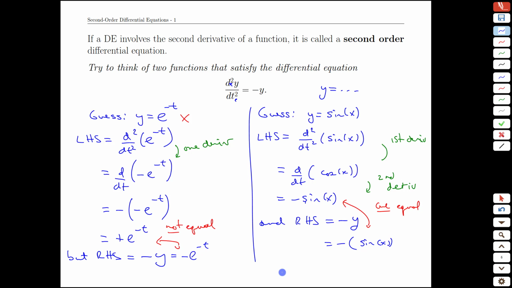And so y equals sine of x is a solution. And it shouldn't come as a huge shock that if you did the same work again, we could find that cos of x, or rather cos of t, and all of these should all be t's, my apologies.